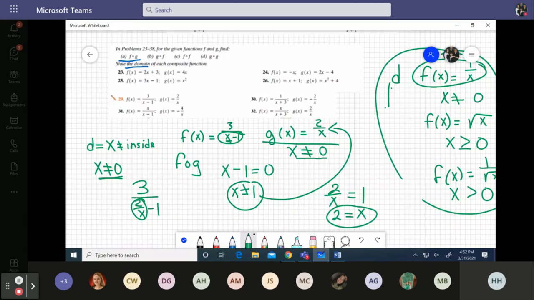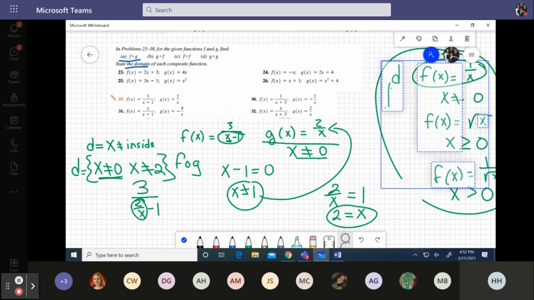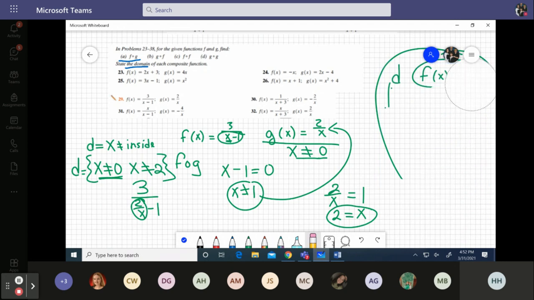I started there, x equals 0, and then 2. So there's my answer. Domain is x cannot equal 0, and x cannot equal 2. Now these are some confusing ones.